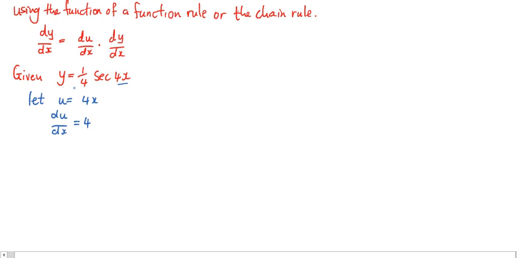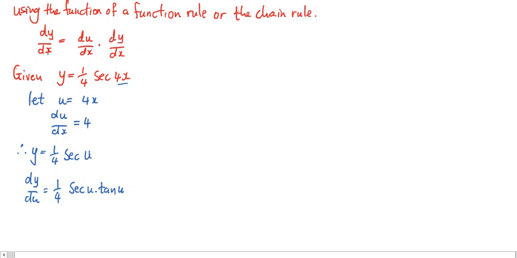At that point our y becomes 1 over 4 sec of u. So if that's the case, we can find dy with respect to du of that function: 1 over 4, and the derivative of sec is sec of u multiplied by tan of u.